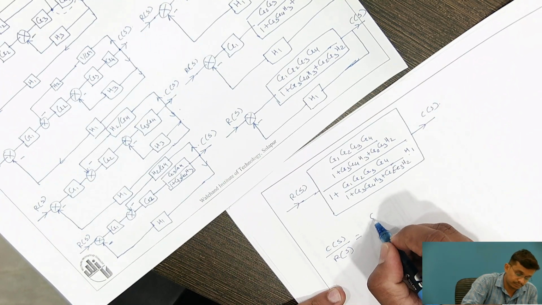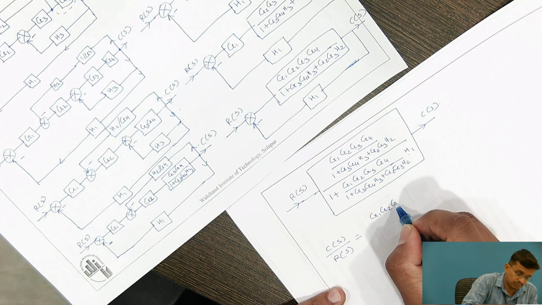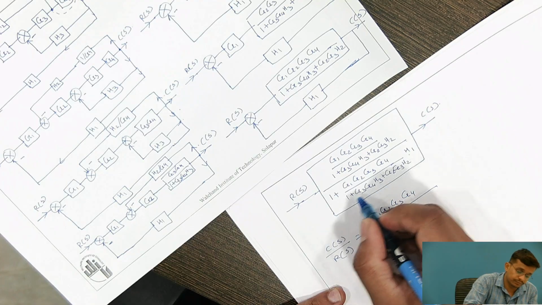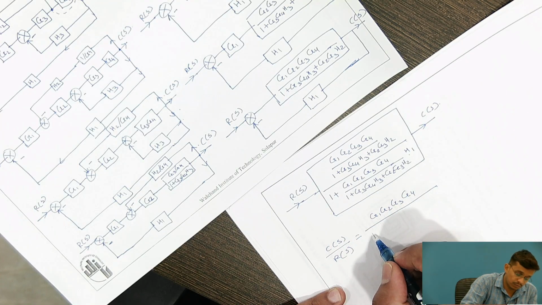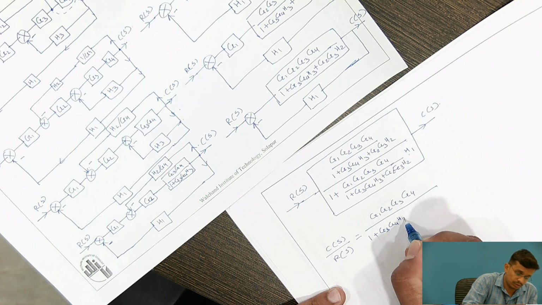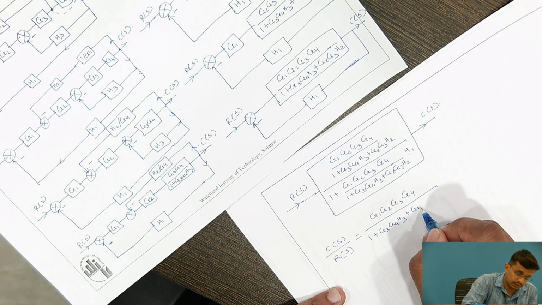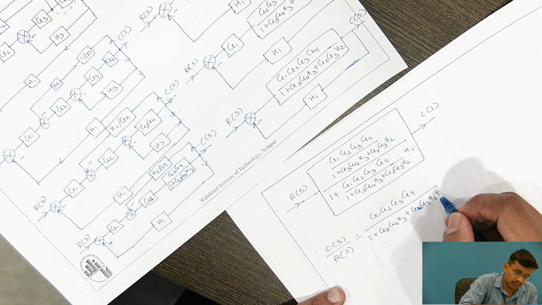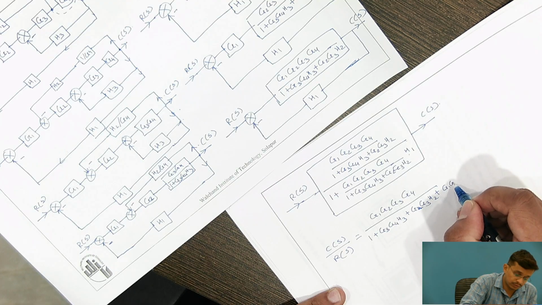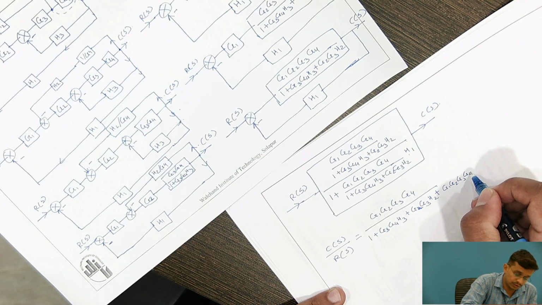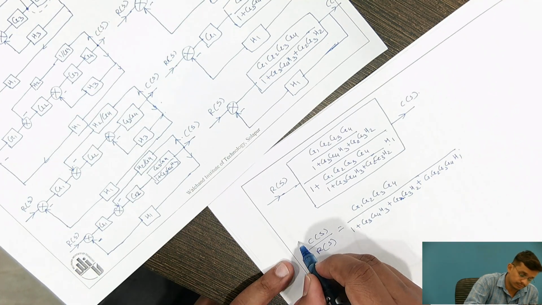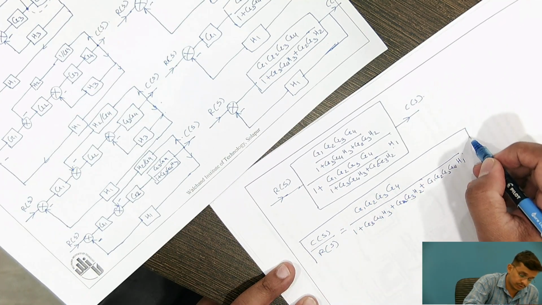So it will be G1 G2 G3 G4 divided by, 1 plus G3 G4 H3 plus G2 G3 H2 plus G1 G2 G3 G4 into H1. So this is our transfer function.